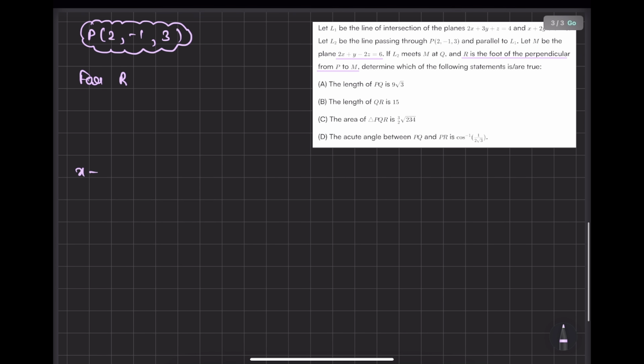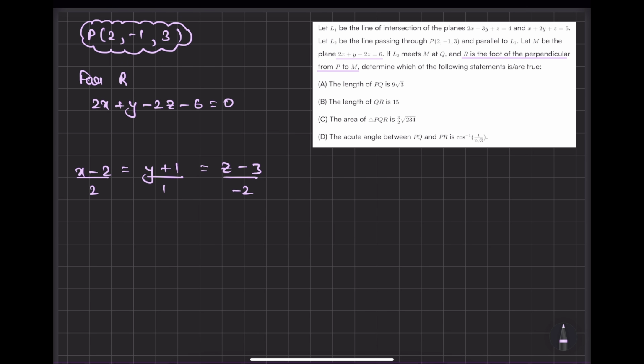(x - x1)... and the plane is 2x + y - 2z - 6 = 0. So this is your M. So the point satisfies (x - x1)/A = (y - y1)/B = (z - z1)/C = minus 1 times the point satisfaction.